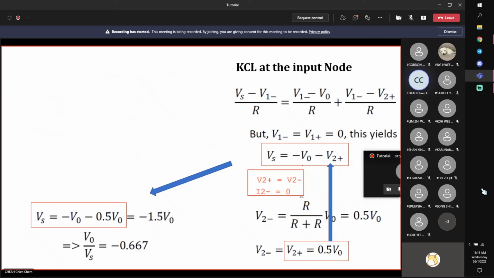So I can now combine them. Put V2 plus into here. Okay, I get this value. And everything in terms of V0 now. And Vs, then I can get the gain. So V0 output over Vs input is equal to negative 0.667.